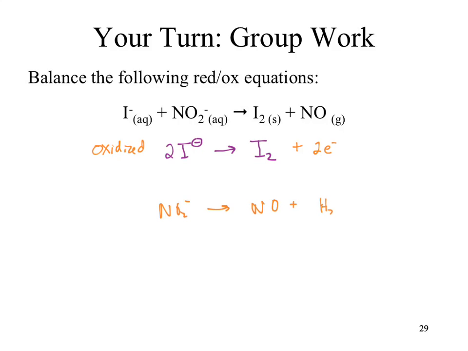Add water to our product side so that our oxygen now balances out. What's the problem? Now we've got too many hydrogens on the product side, so we have to add hydrogen atoms to our reactant side. How many hydrogen atoms do we need? 2 hydrogen atoms.